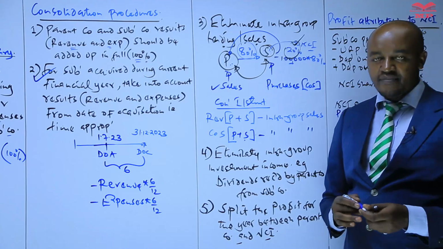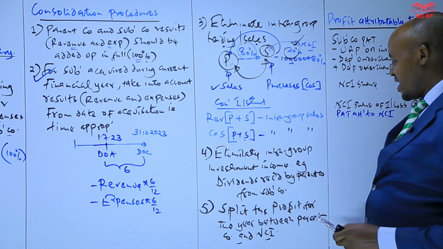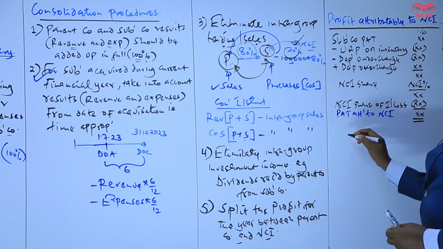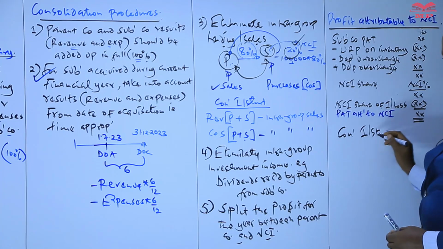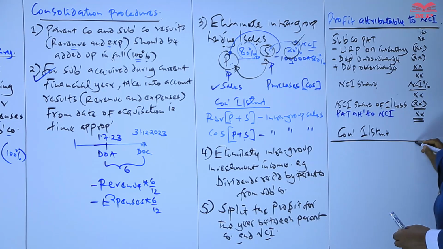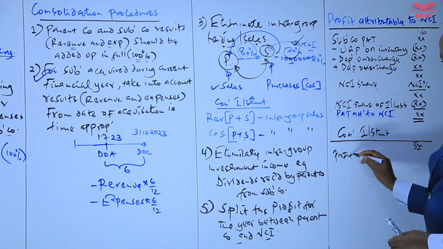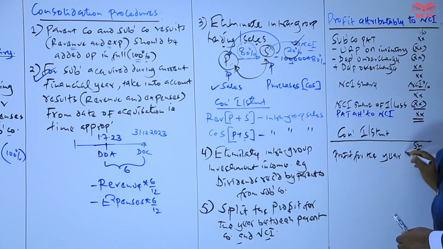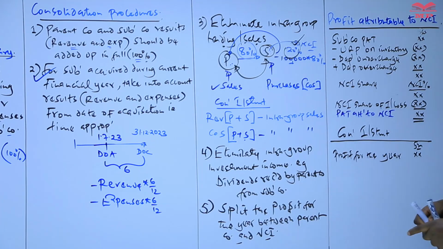And basically, once you have determined that profit attributable to the NCI, then you'll also be in a position to determine the profit attributable to the parent company, because having prepared this consolidated income statement, automatically you'll have determined the profit for the year, and this we are saying is the profit which should be split into two: profits attributable to the parent, profits attributable to the NCI.